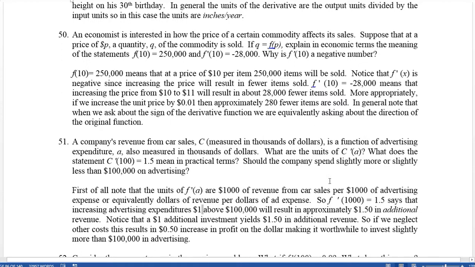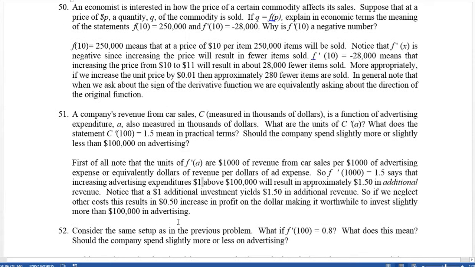Now, assuming that this doesn't increase your cost anywhere else except on advertising, this is going to be a net increase in profit of 50 cents for every dollar that you invest. So you should invest a little bit more on advertising, and it's going to reap benefits. Okay, it's going to increase your profit.